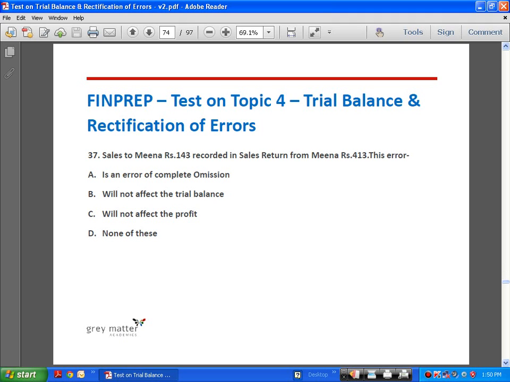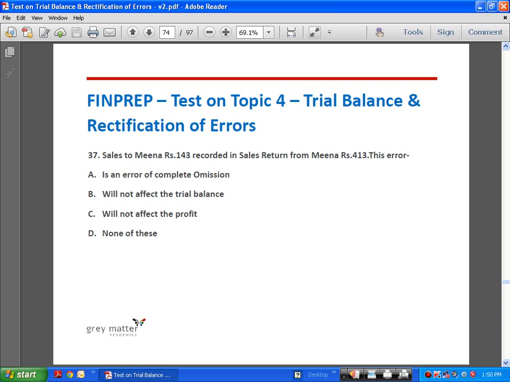Sales to Meena 143 recorded in sales returns from Meena as 413. Okay. First statement, is this an error of complete omission? No, it's not an error of omission at all. It's actually an error of commission. It will not affect the trial balance. That is the right statement, yes, because instead of recording in the sales book, it has been recorded in the sales returns book.